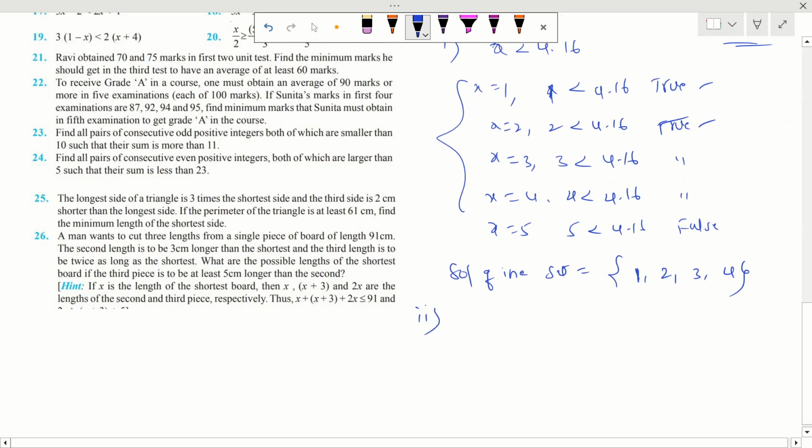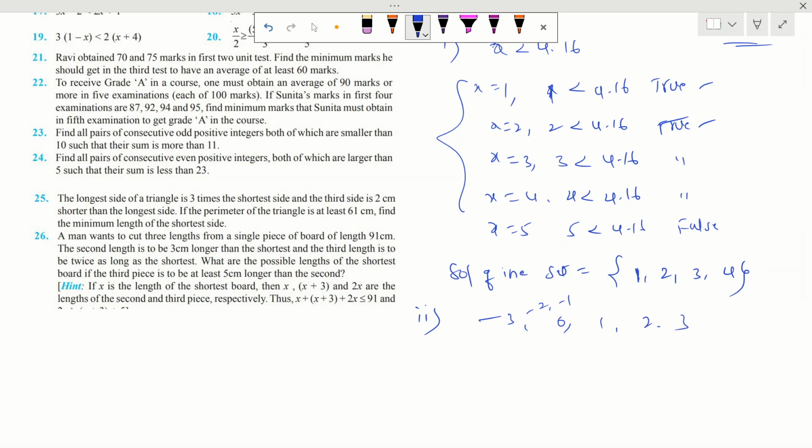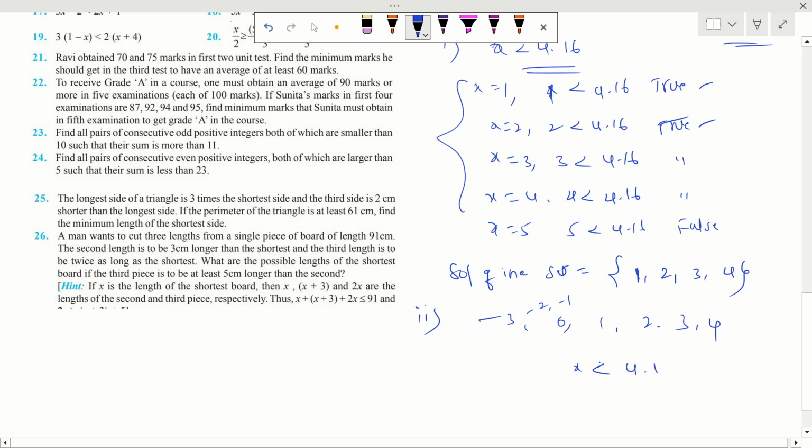So second case, integers. Integers means what? Negative numbers, 0 and positive numbers: -3, -2, -1, 0, 1, 2, 3, 4. These are called integers, right? So the solution set here includes all negative numbers. We got the condition of the solution here, x is less than 4.16.